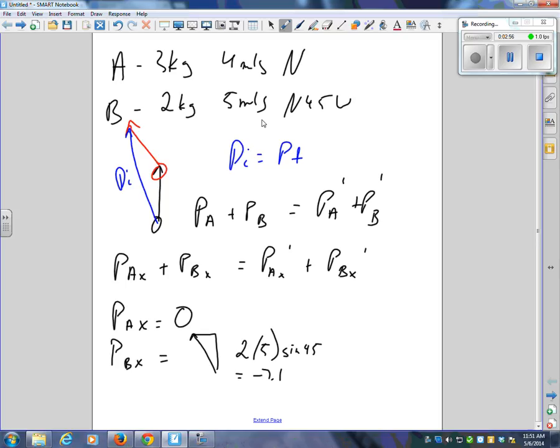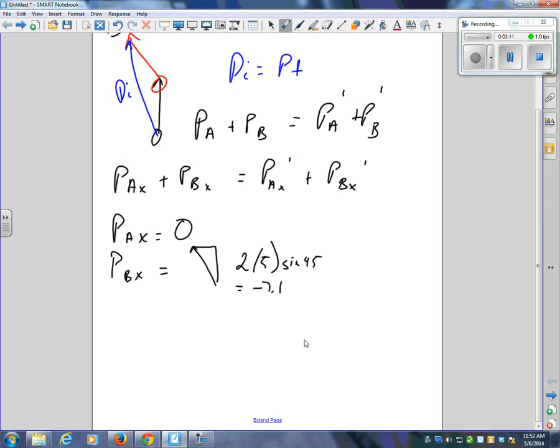Now, the one that we don't know is, we know B after. I guess I didn't actually write that down. B after is 3.5 at north 20 east. Okay, I'll continue here in red.